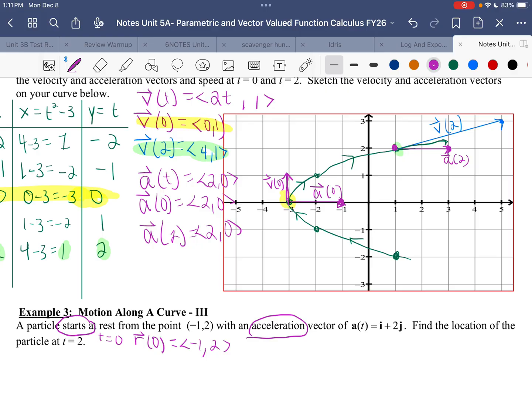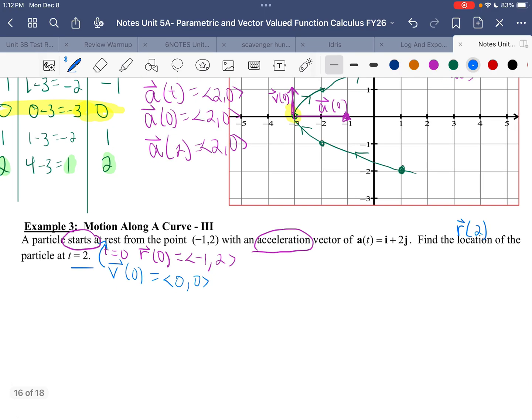If we're starting at rest, what does that mean about the velocity? V at 0 should be not moving, 0, 0, in any direction. Find the location, so finding r at 2.